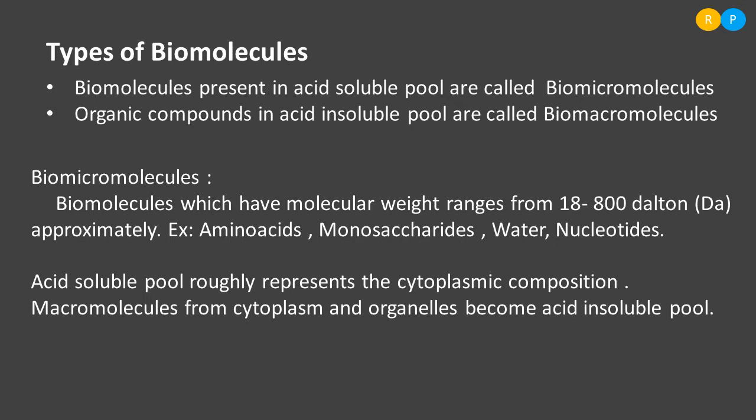Understood? And the biomolecules present in the cytoplasm as well as the cell organelles become the acid insoluble pool. In the acid insoluble pool, which biomolecules can we find? Macromolecules. So the biomolecules collected in the acid soluble pool roughly represent the cytoplasmic composition, and the macromolecules from the cytoplasm and cell organelles become the acid insoluble pool.